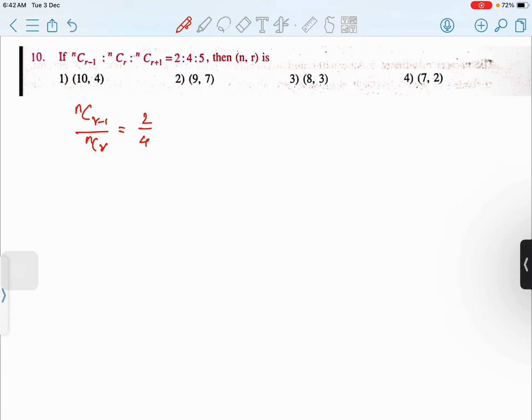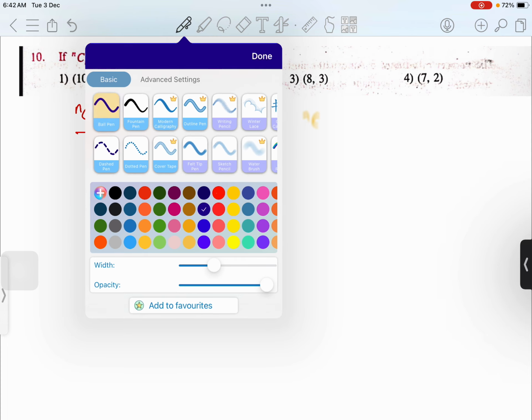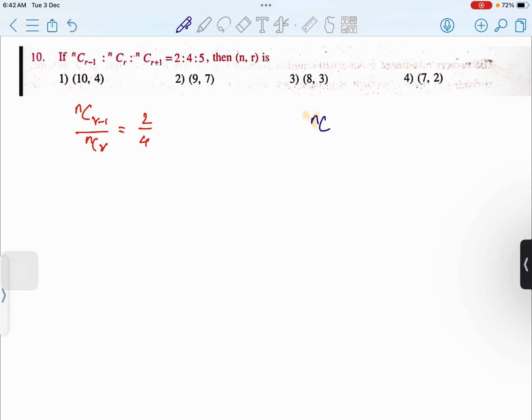If you apply that formula, you will get r plus 1 by r itself, here it is n minus r minus 1. What is the formula? nCr by nC(r plus 1), now you can write r plus 1 by n minus r.